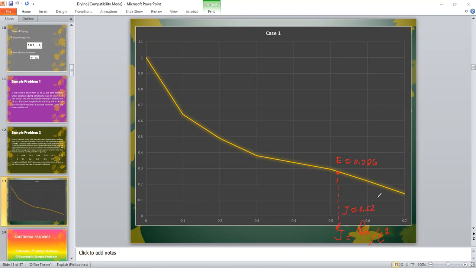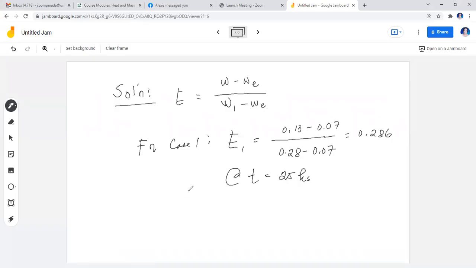So how am I going to make use of this information? I'll go to our board, and use 0.52 for the J. So from the graph, your J is more or less 0.52.